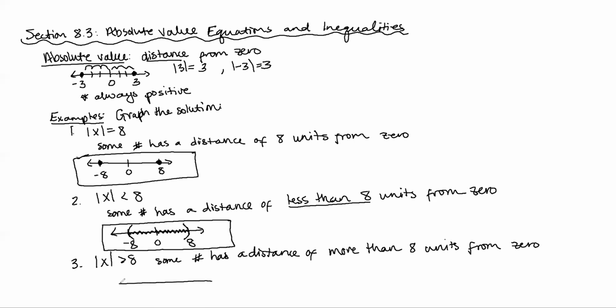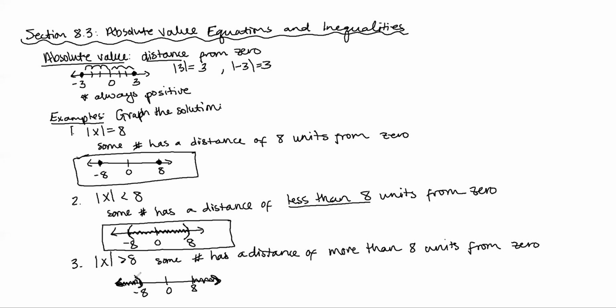And so with this graph, we want all of the numbers that are more than 8 units from 0. So instead of shading in between -8 and 8, we want everything that's further than 8 units away from 0. So everything to the right of 8 and everything to the left of -8.